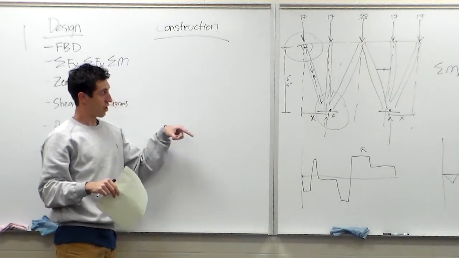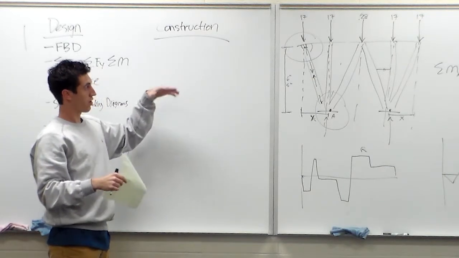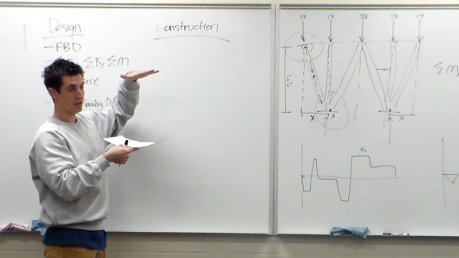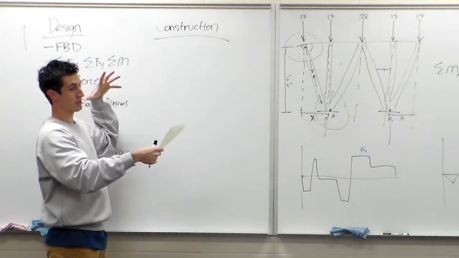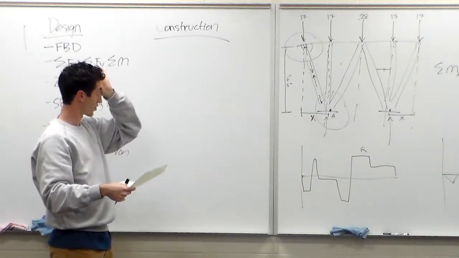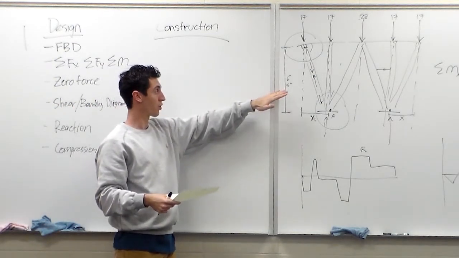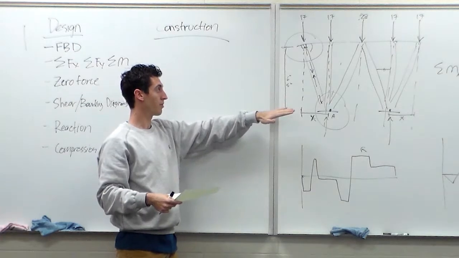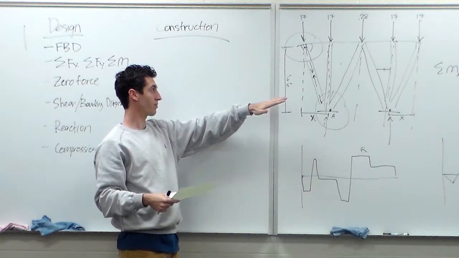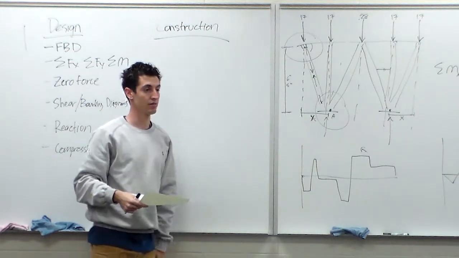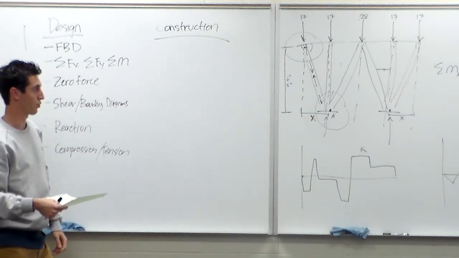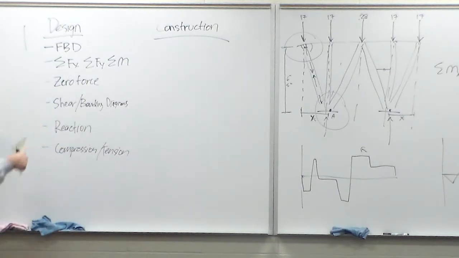But one tip is the shorter, the less material you're using, the more you can beef them up and still be underweight. And so one trick is to make this as short as possible, but keeping it in the range of the rules. Reaction forces, compression, tension, zero force.